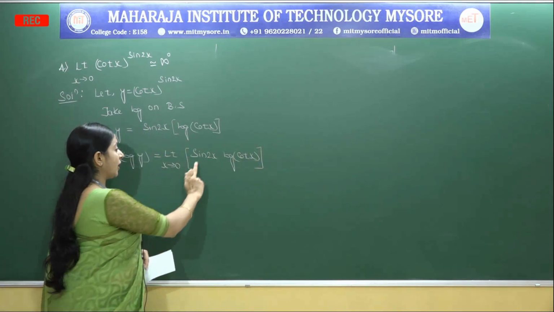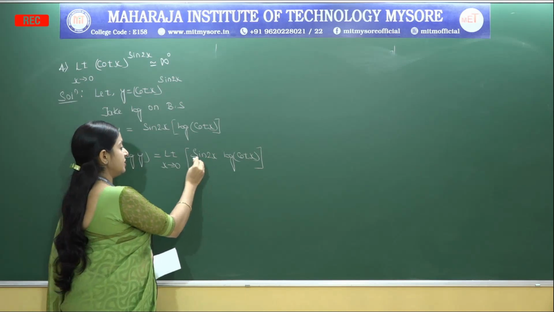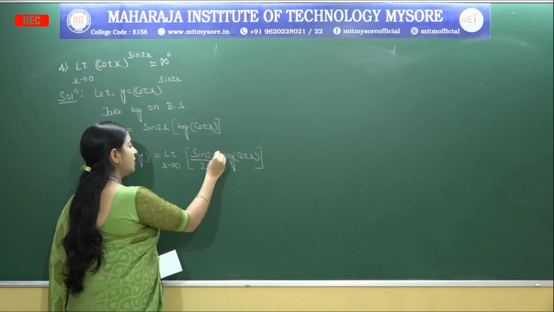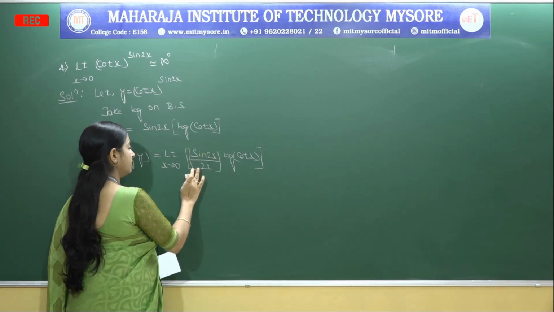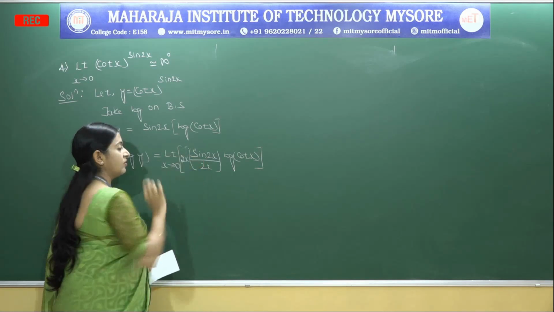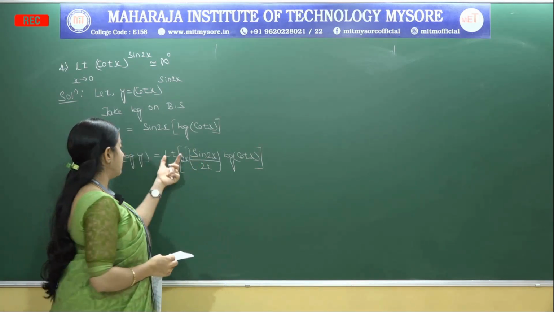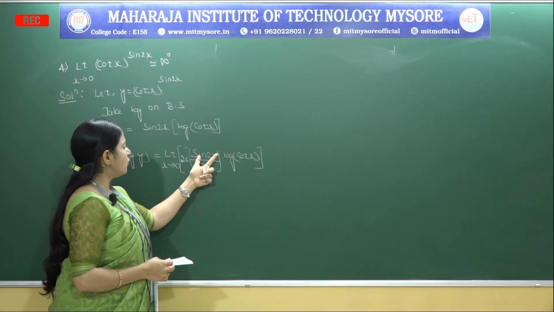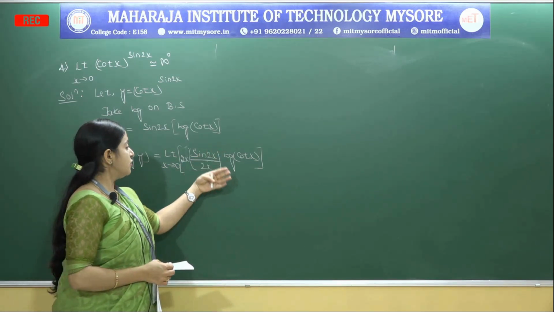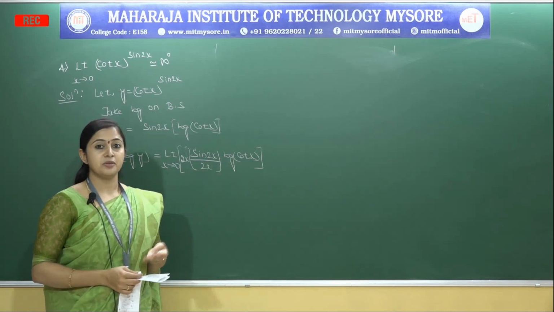Here you have the sin 2x. Since you have the sin 2x, you multiply and divide by 2x for the numerator and denominator, like this. You know the property of limit x tends to 0 for sin 2x divided by 2x equal to 1. So the problem is reduced to some other indeterminate form.